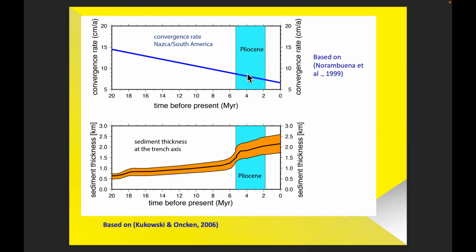Well, it's not low compared to Cascadia or Antarctica, let's say 6 to 7 centimeters per year, which is the current rate. And these conditions, in principle, favor sediment accretion and formation of an accretionary prism.